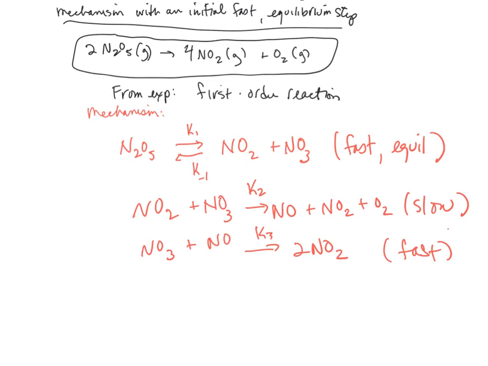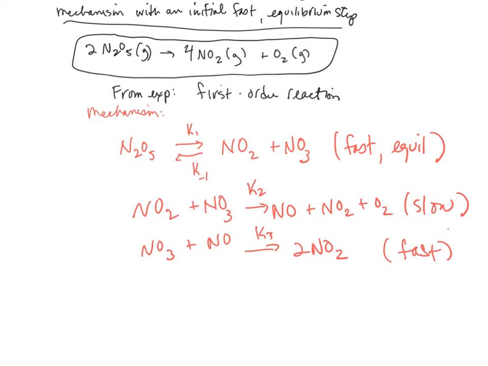There's no problem with writing this thing twice. There's millions of molecules in the system, so you can do that. But you'd have to have 2 in order to have things cancel correctly in the other parts of the mechanism so that it adds up correctly to get the overall. You can play with it on your own and see that that's true.